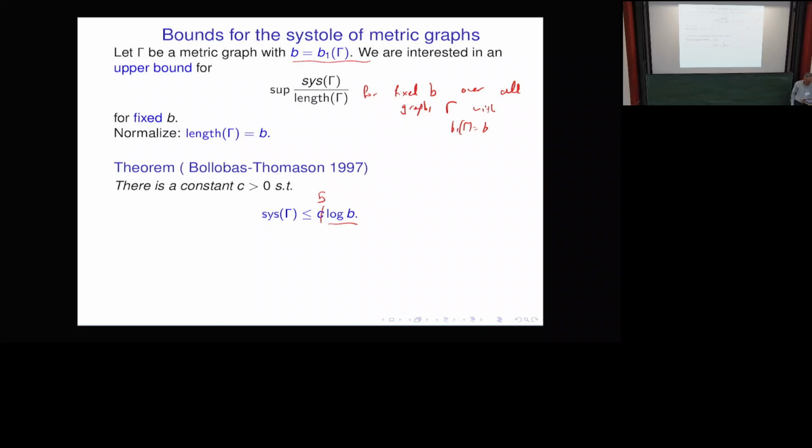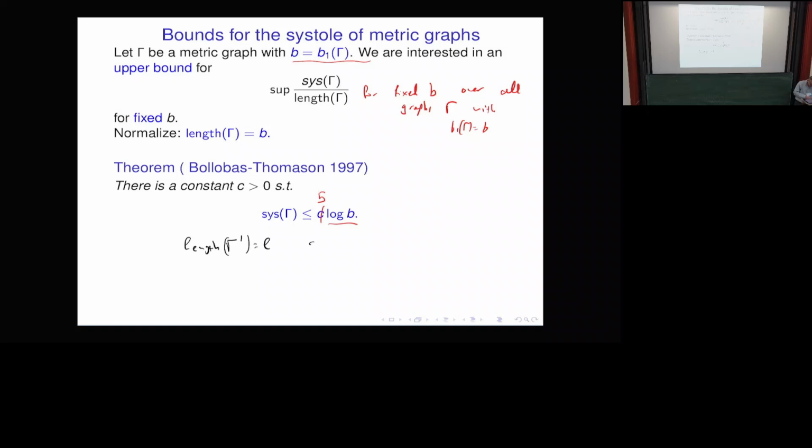So as the topology gets more complicated, I expect the systole to get comparatively smaller, right? So the length is B, and the systole is much smaller than B, it's logarithm B. Okay, so let's forget our normalization. If I forget my normalization, the length is equal to B, and I have the length to be L, so let's change this and make this L, right?